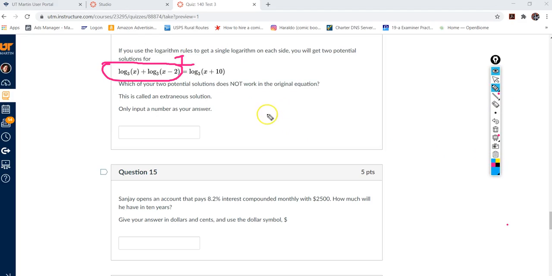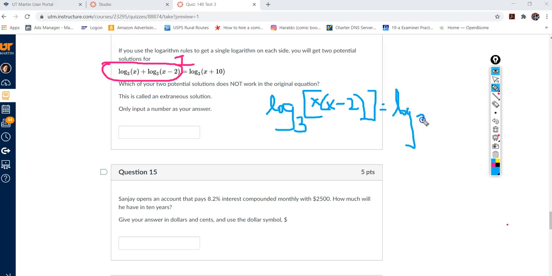Blue pen. So I will have log of base 3 of x times x minus 2 equals log of base 3 of x plus 10.